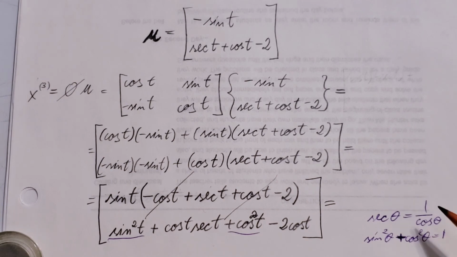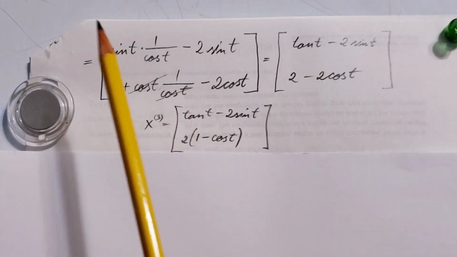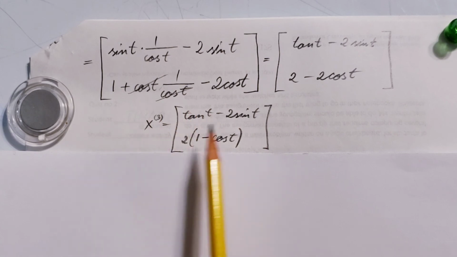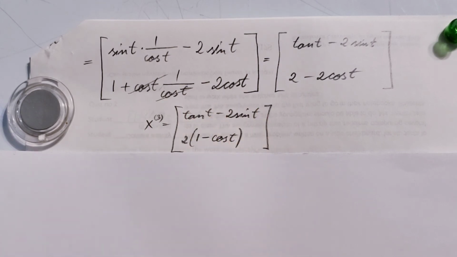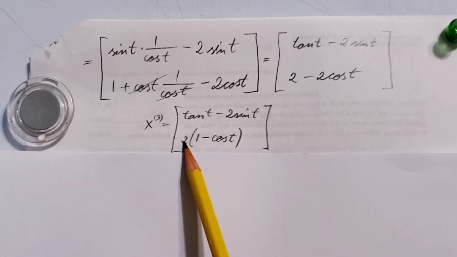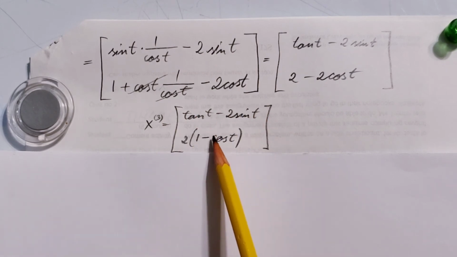Use some trigonometry formulas again, and then some more simplification. We finally arrive at a friendlier form of it: tangent t minus 2 sine t, and here 2 times 1 minus cosine t.